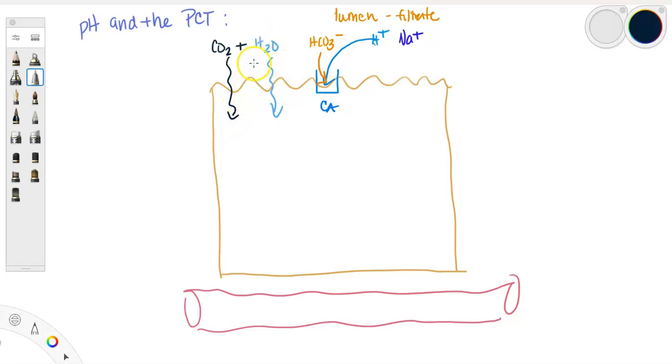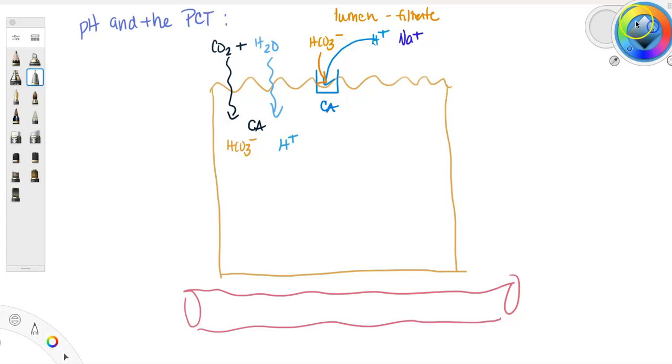And we have carbonic anhydrase in here, and we get HCO3, so bicarbonate, and hydrogen.